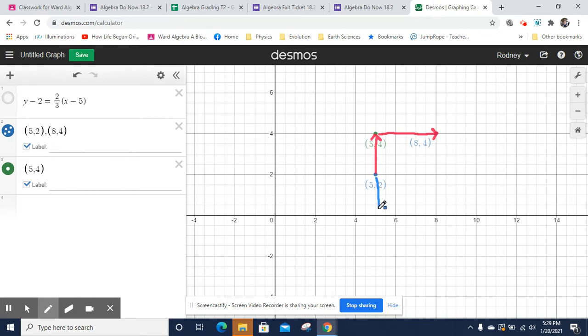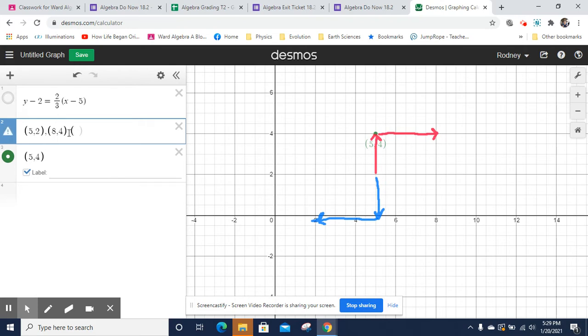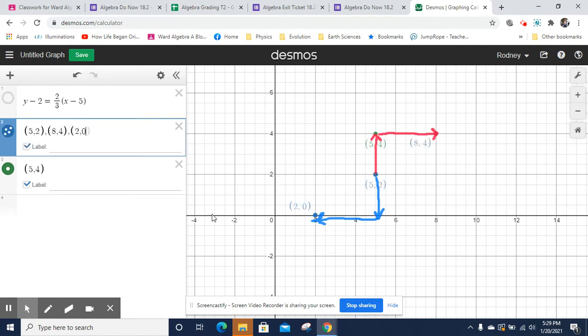So I'll go down 2, and I'm now on the x-axis, and from there I'll go back 3, 1, 2, 3, and I'll have another point that I can plot, which is right here at (2, 0). So that's backtracking, a fall of 2 and a backtrack of 3, instead of a rise of 2 and a run of 3. So I'll have another point at (2, 0).